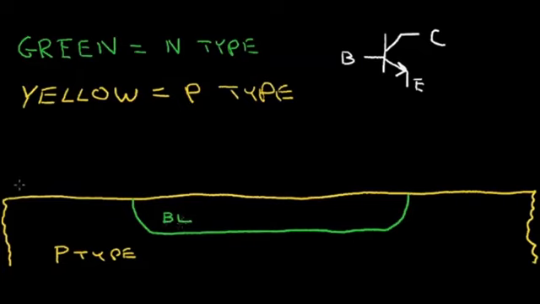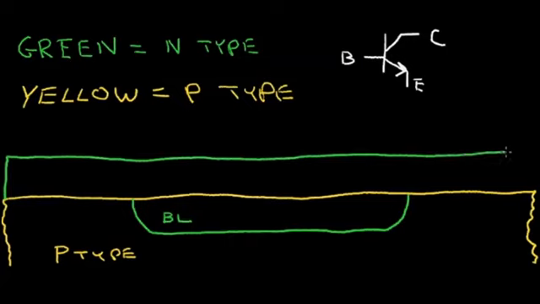The next thing that is typically done is that a layer of N-type silicon is grown on top of this wafer. So I'll draw that here. And so this region of N-type material is called an epitaxial layer, and it's rather lightly doped.